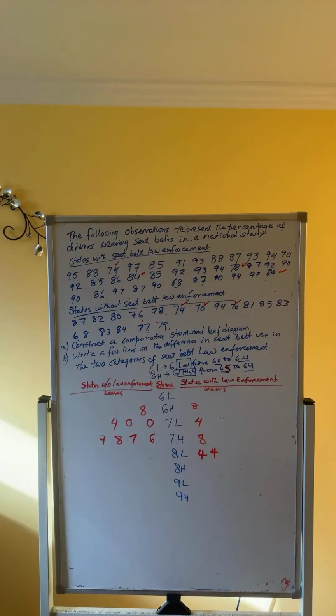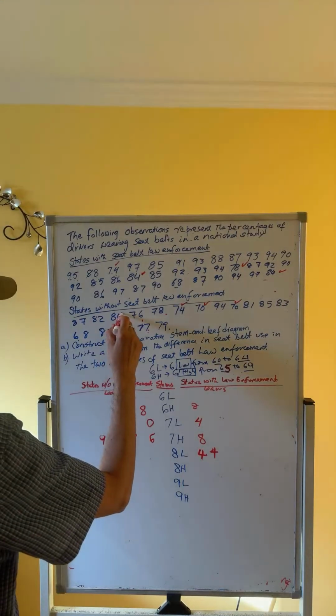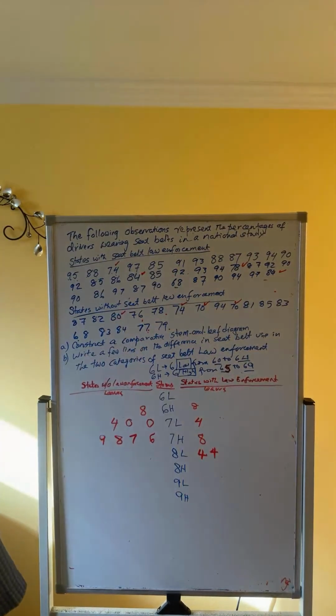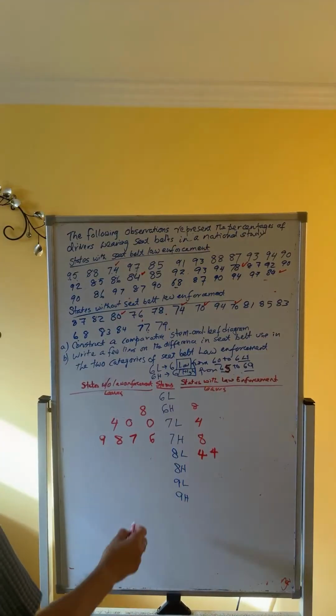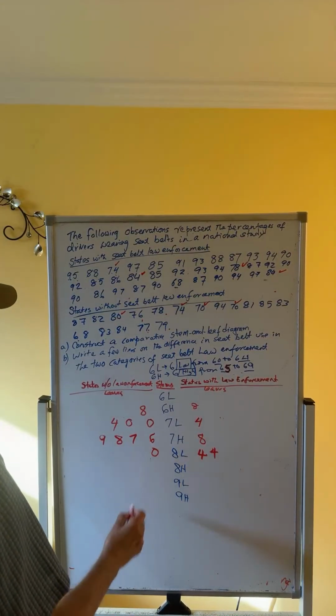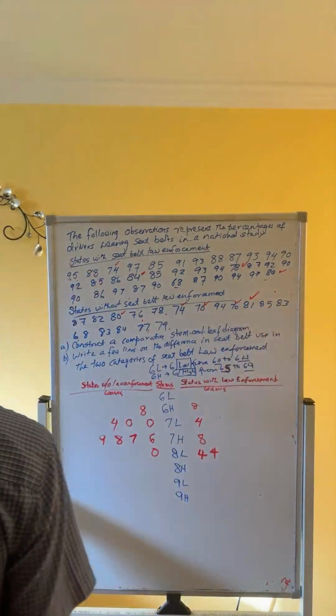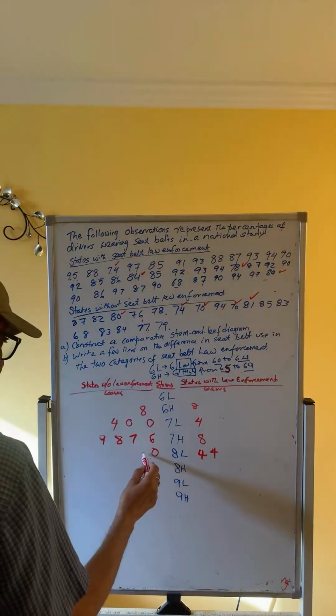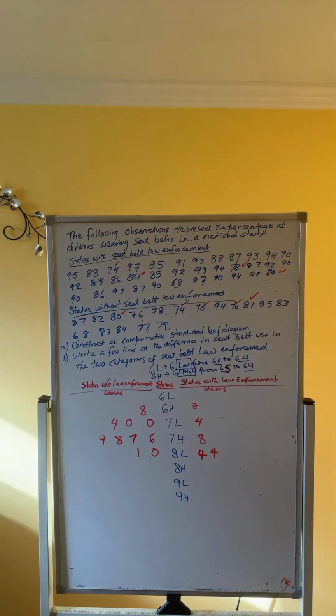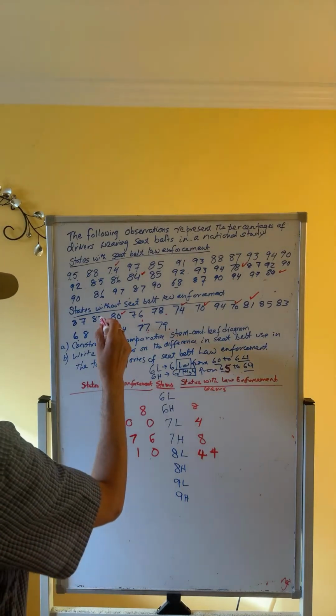Then let's look at the states without seatbelt law enforcement. There's 80 over here, 80 over here, so we put a 0. There's 81 over here. Then there is an 82 over here.